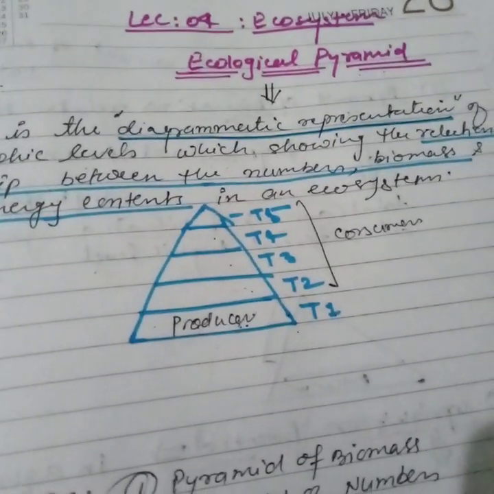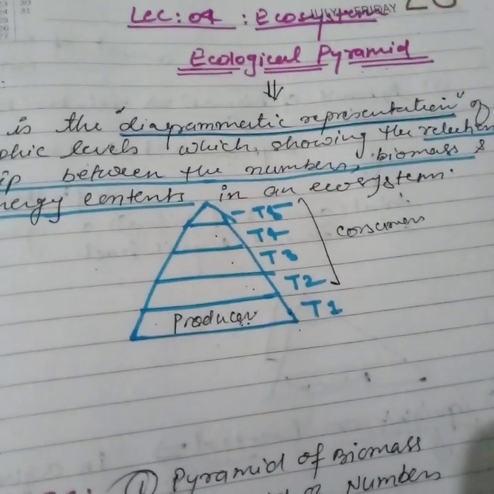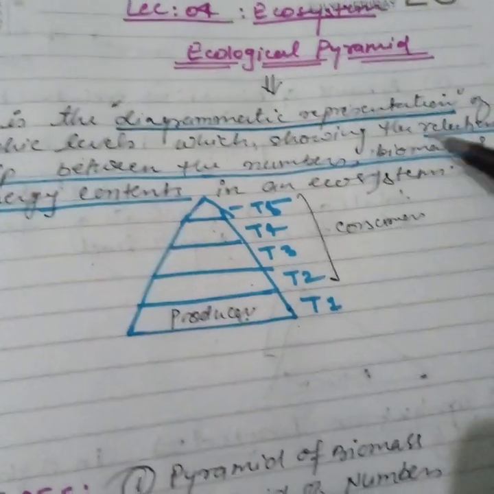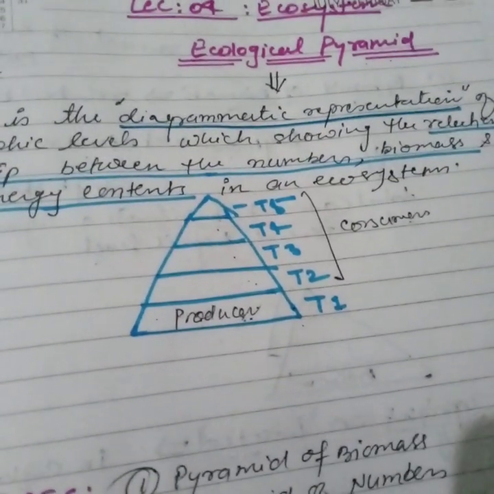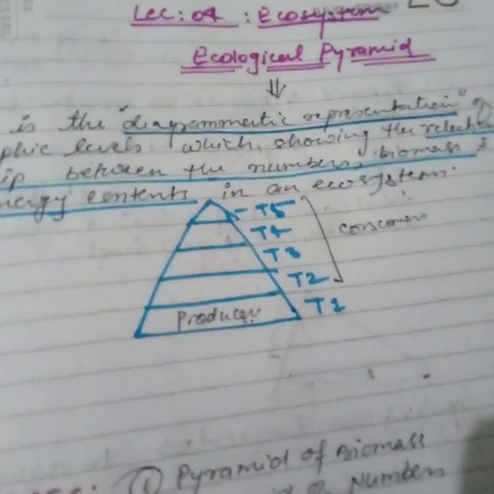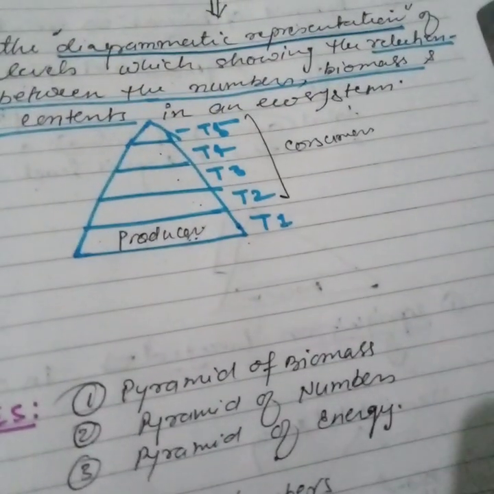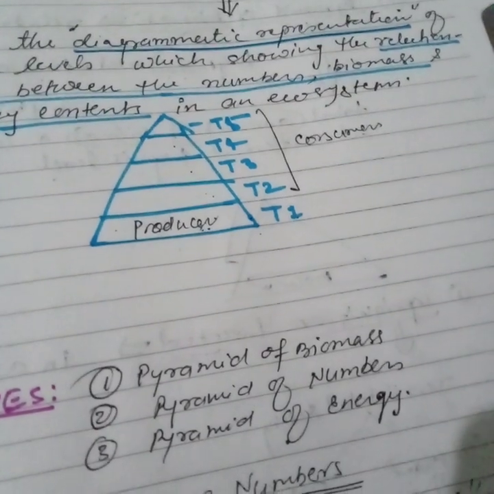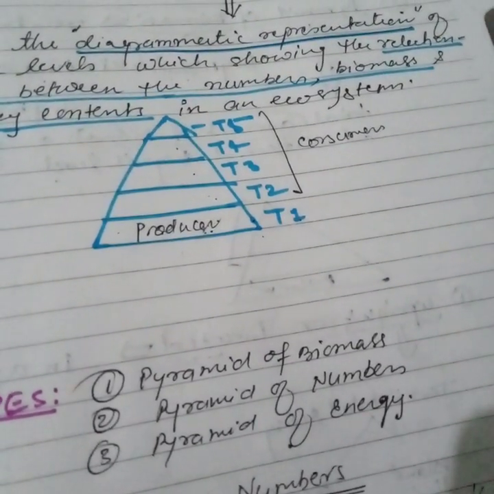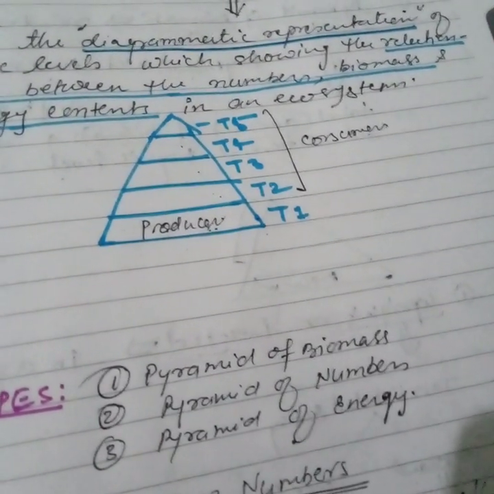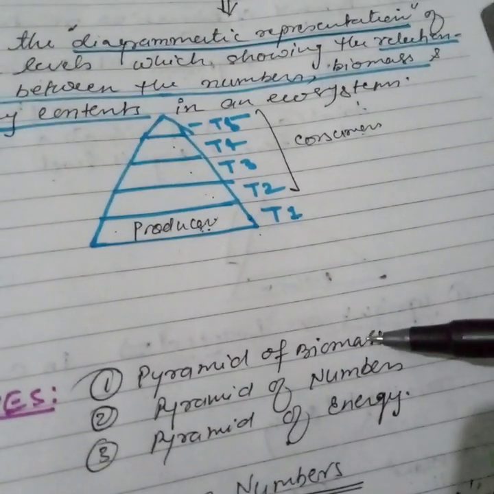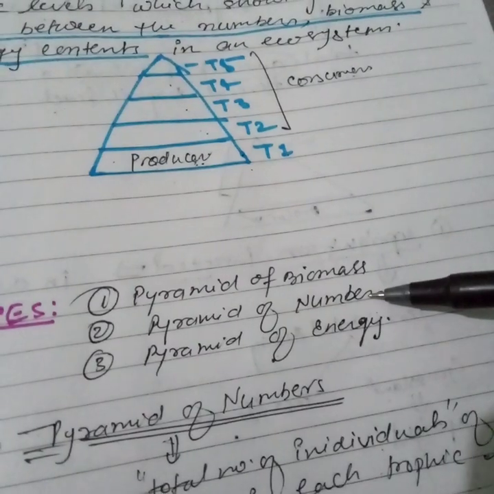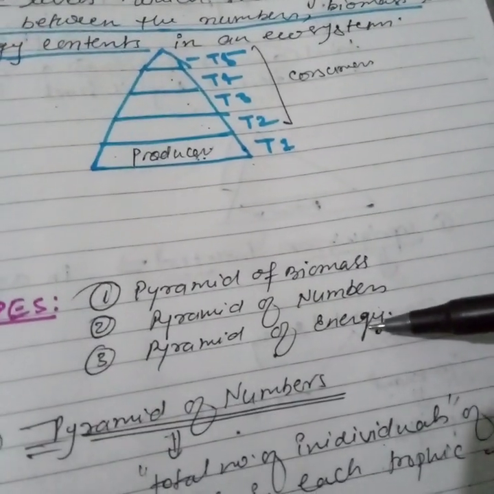Clear? So that all depends upon the climatic factors. So this ecological pyramid is the diagrammatic representation of trophic levels. Now on the basis of the relationship between number, biomass, and energy content, the ecological pyramid is divided into three types: pyramid of biomass, pyramid of numbers, and pyramid of energy.